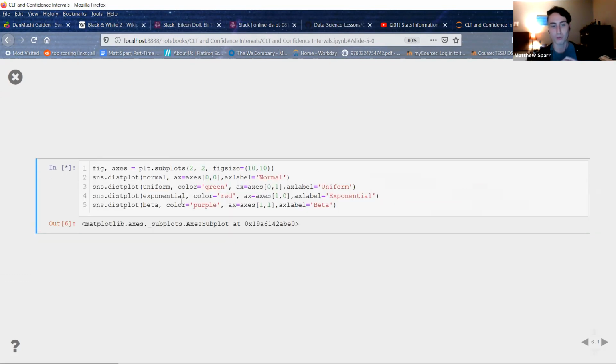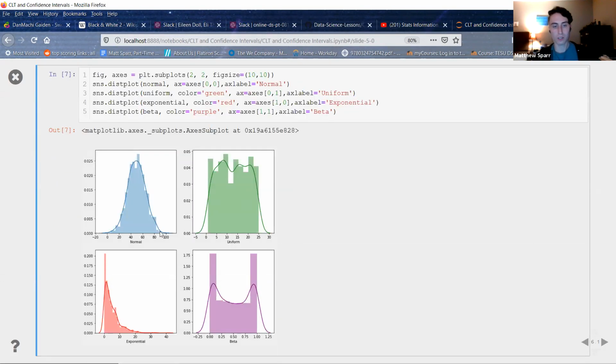We'll go ahead and plot all 4 of them. And so there you have it. Exponential is just kind of like a logarithmic graph. And then beta, given the variables we put in, takes an alpha and a beta parameter. And making those the same gives it this kind of U shape.